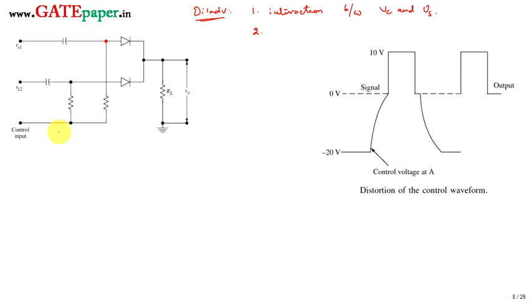But whenever you apply the control signal, we assume that it reaches from -20 to 0 instantaneously, but it never happens like this, because it is an RC circuit.